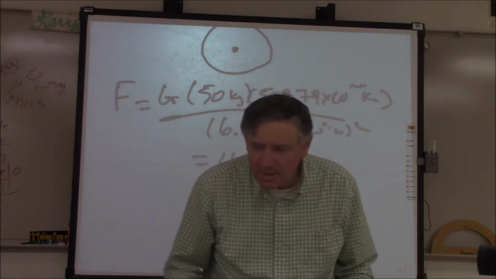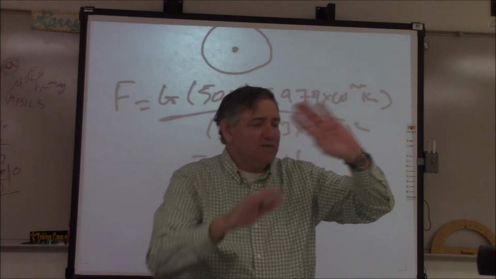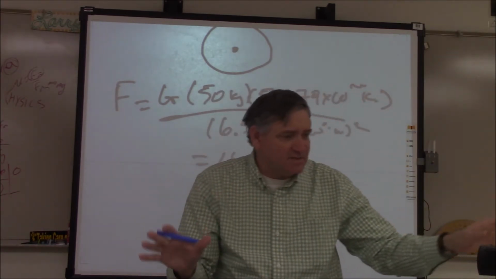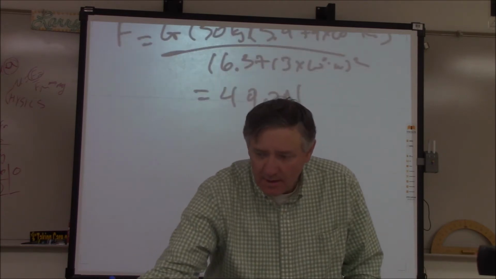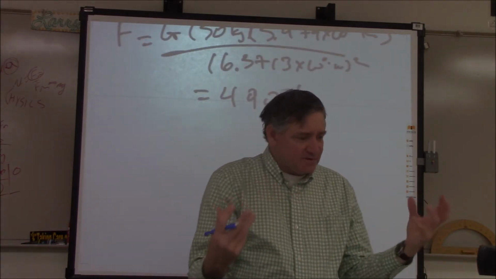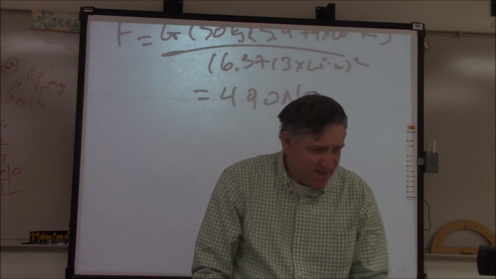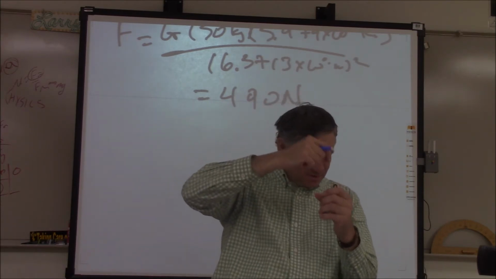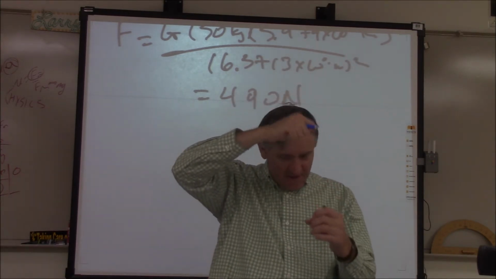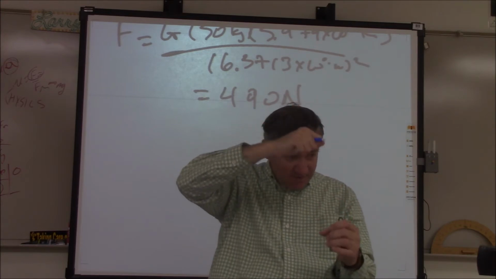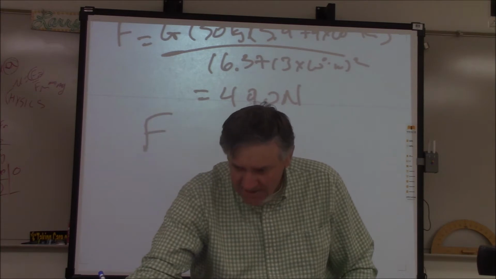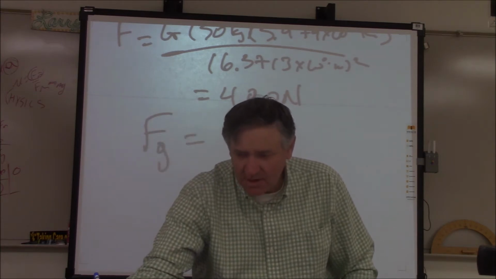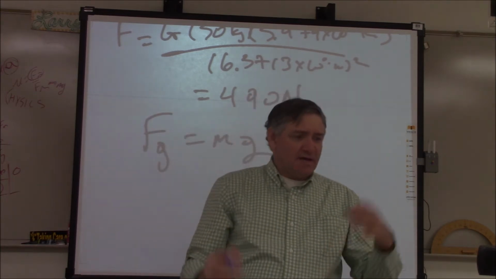Okay, cool. Now, pretend that you don't know anything about these equations. But if you think back to the very first lab that you did, when you took the spring and you hung the weights from the spring, on that very first day, I said to find the weight of something, you take the mass and you multiply it by g.